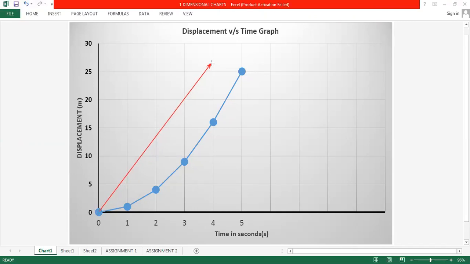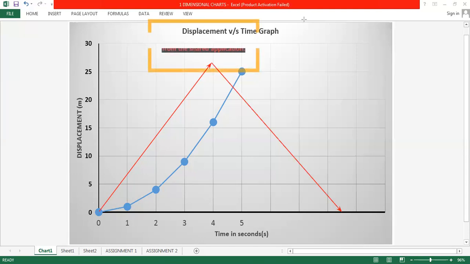A straight line indicates the object is moving with a uniform velocity. Or if I get a line like this, this also indicates that the object is moving with a uniform velocity, but it is coming towards the initial position. But when it is a curved line, it is a representation that the object is moving with a variable velocity.